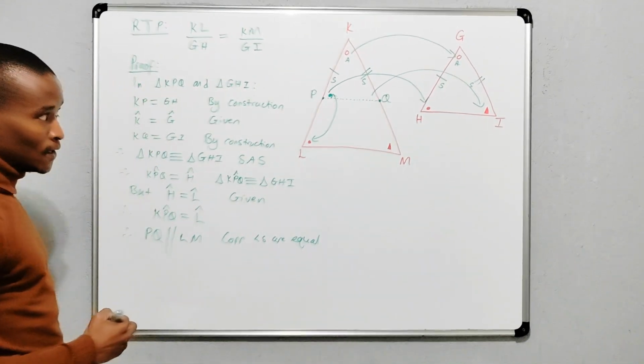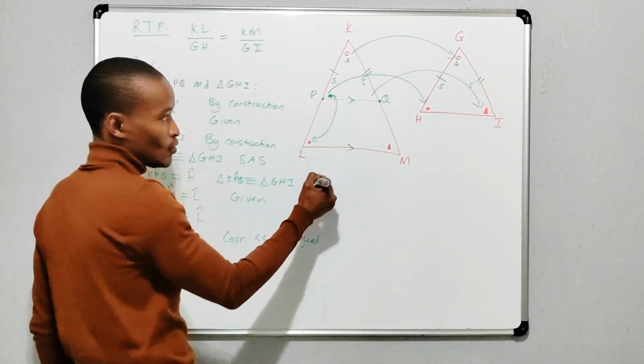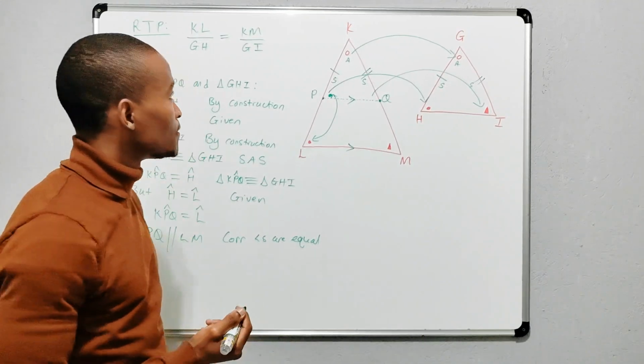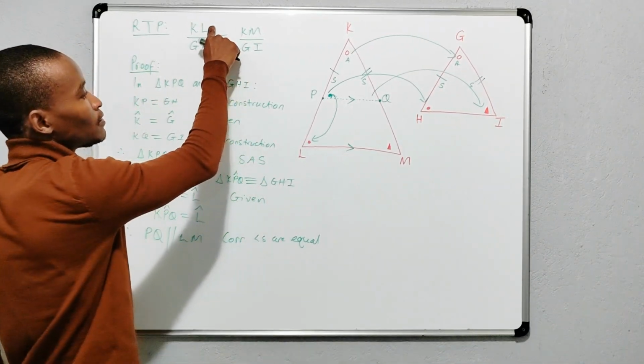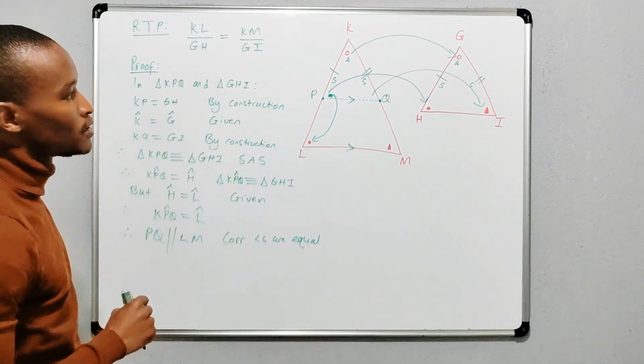All right. So we bring in the parallel lines and we're now moving in the direction of what? The proportionality theorem. KL over GH is equal to KM over GI.